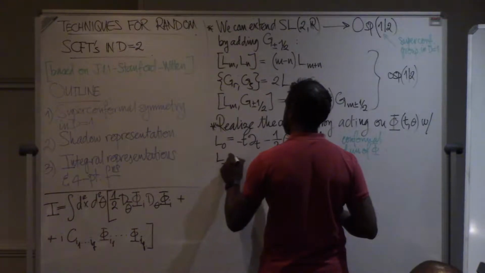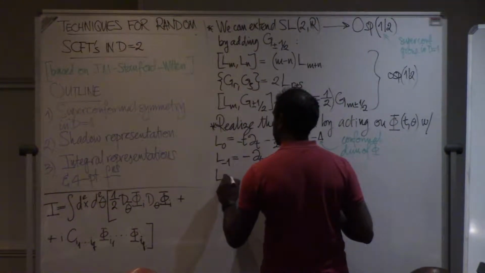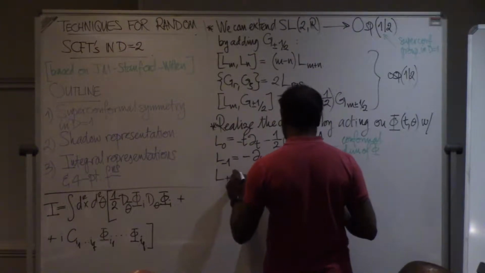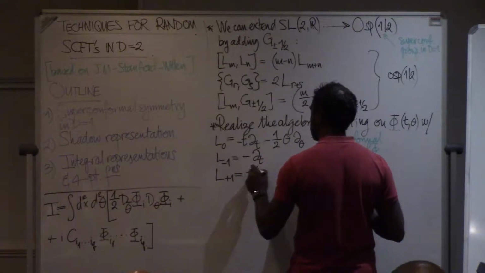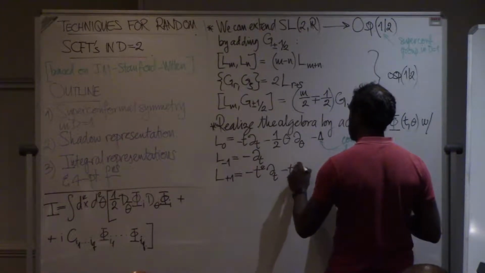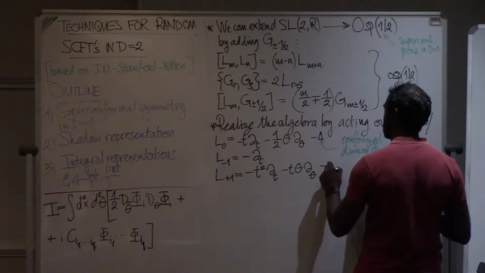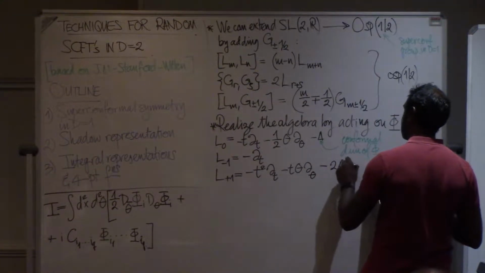L minus 1 is simply minus d by dt. L plus 1 is minus t squared dt minus t theta d theta minus 2 delta t.